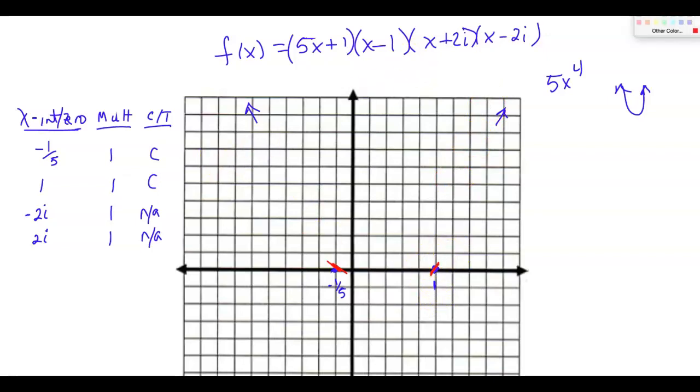And so when we finally draw what this graph is supposed to look like, it's just going to look like a basic parabola. That's going to go through -1/5, loop around here, go through 1, and then come back up like this.